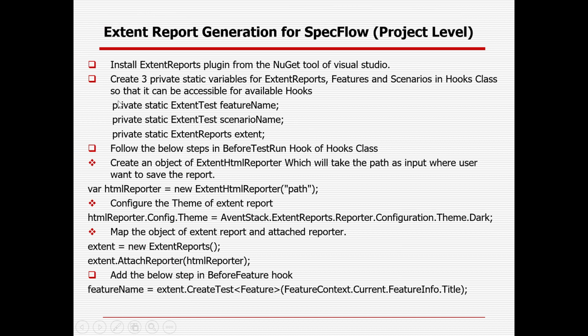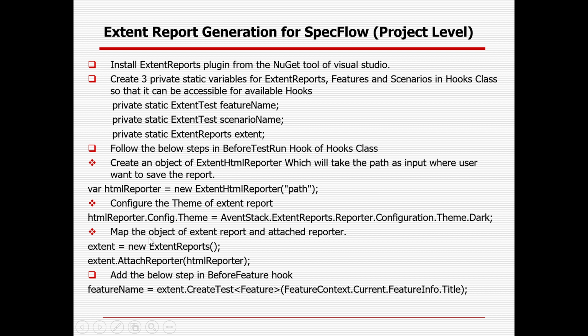A third step, so I am defining three global variable. One is for the extend test feature, extend test scenario, and extend report. This is the global variable we define. After that, in the before test run section, we need to create an object for the extend HTML reporter. We need to configure the theme.